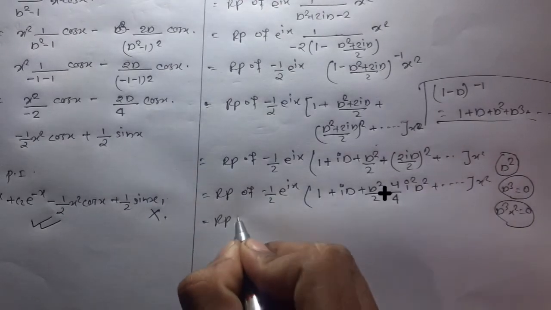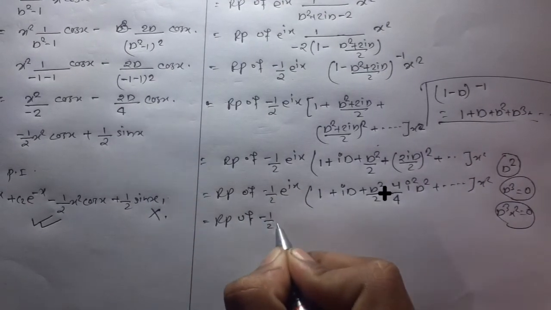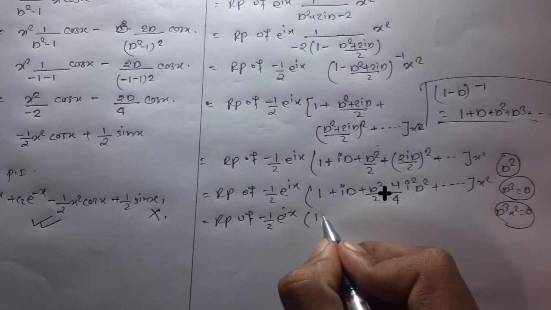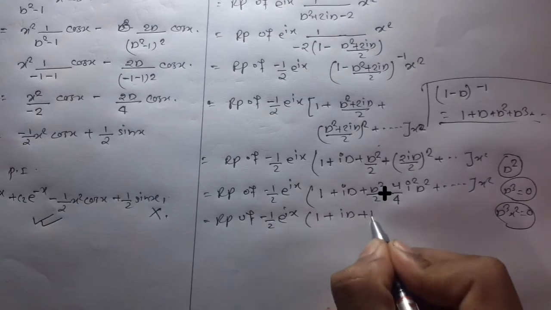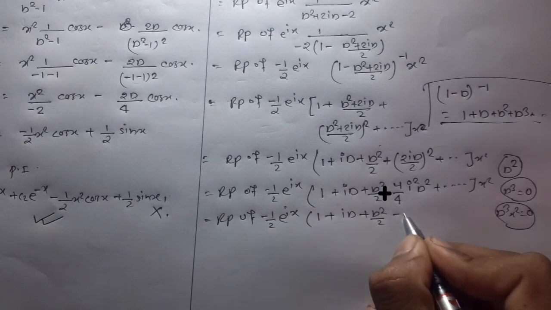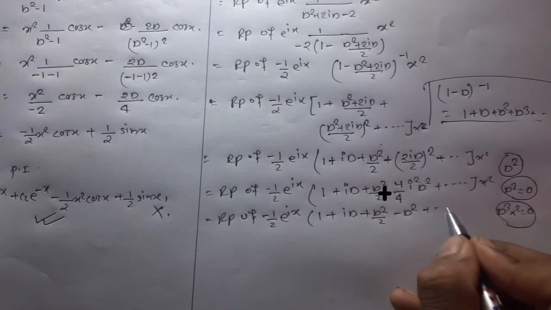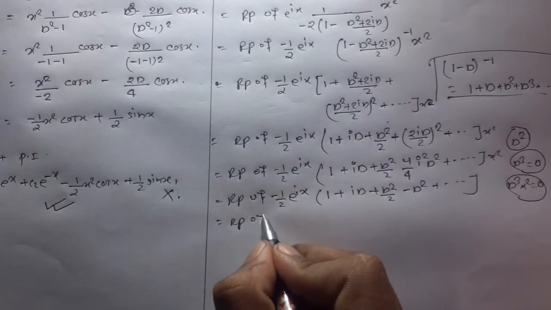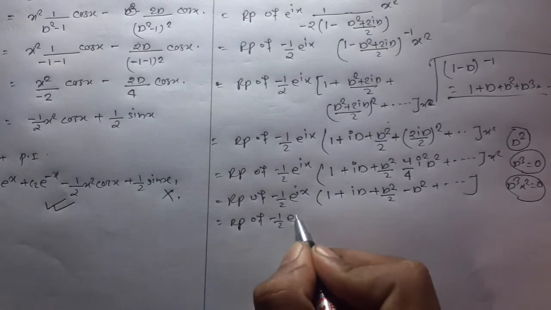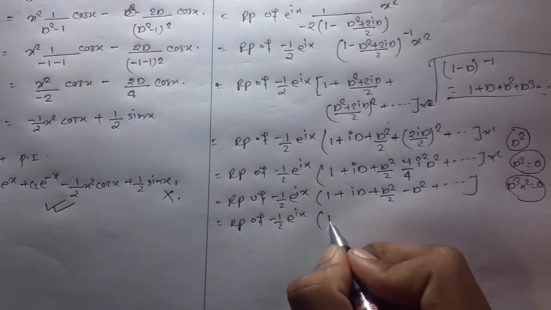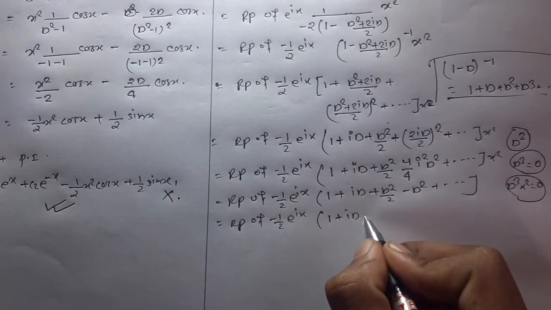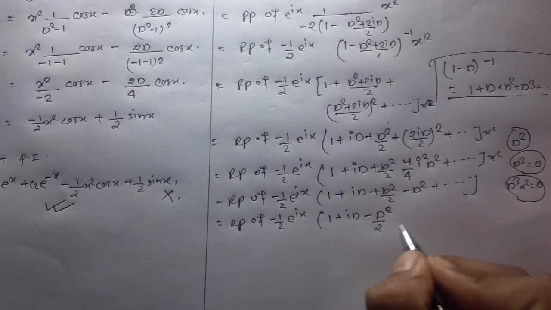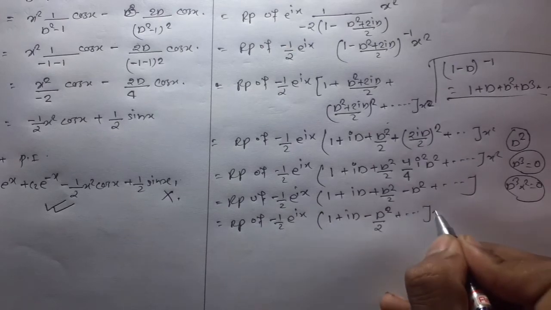So this is the real part of −1/2 e^(ix) [1 + iD + D²/2 − D² + ...] x². So this is the real part of −1/2 e^(ix) [1 + iD − D²/2 + ...] x².